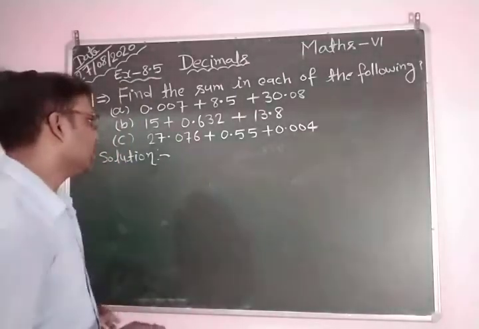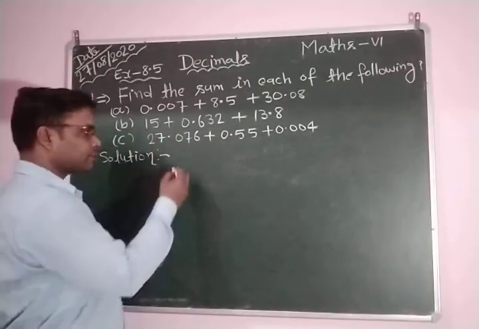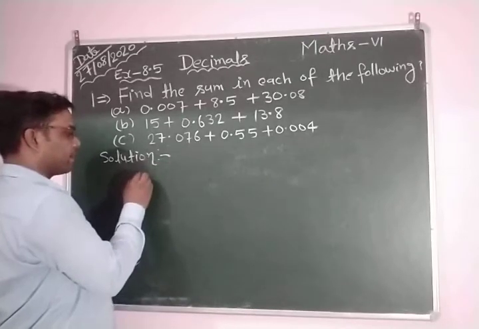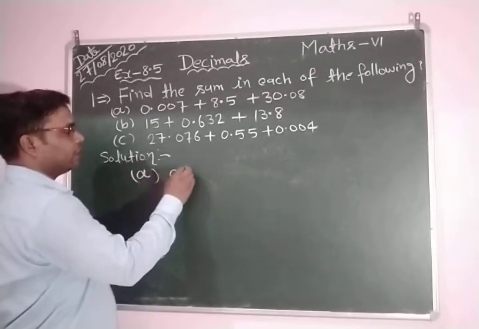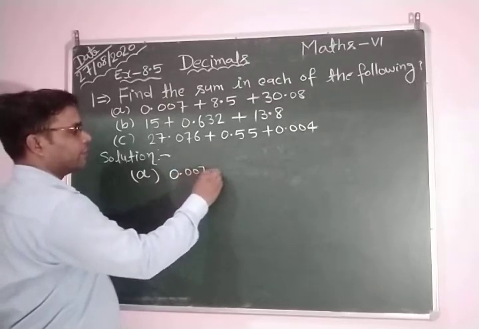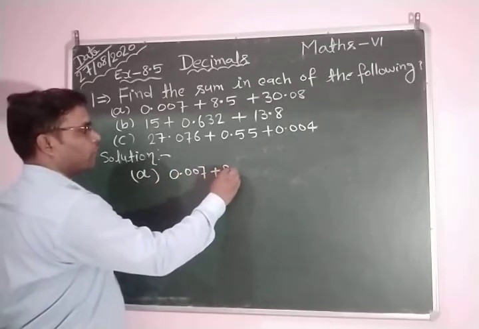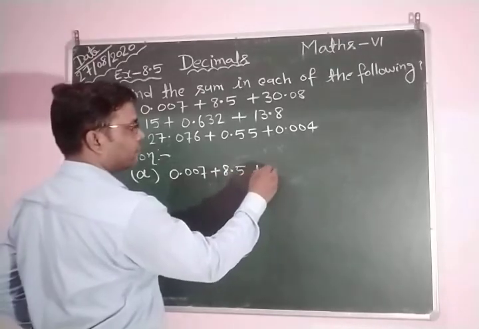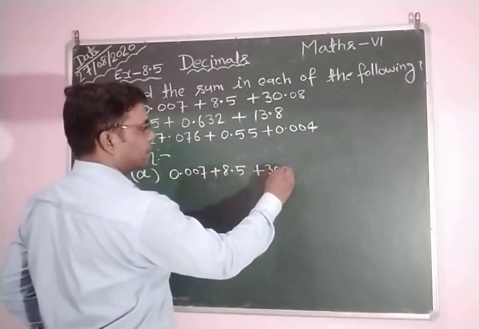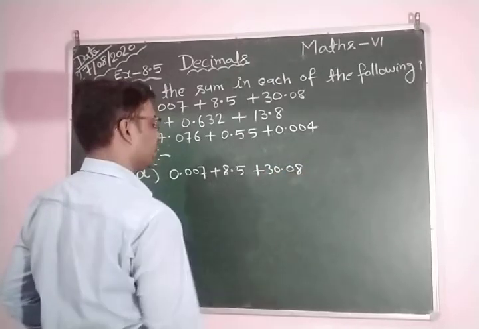Let's see here. First, write the given question: 0.007 plus 8.5 plus 30.08.